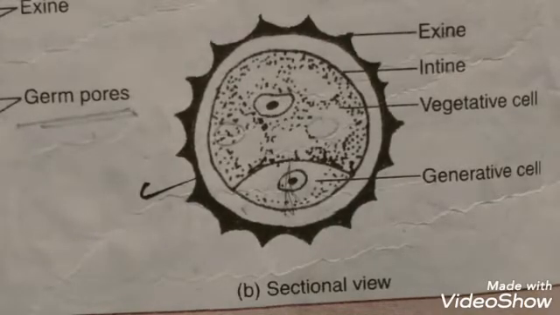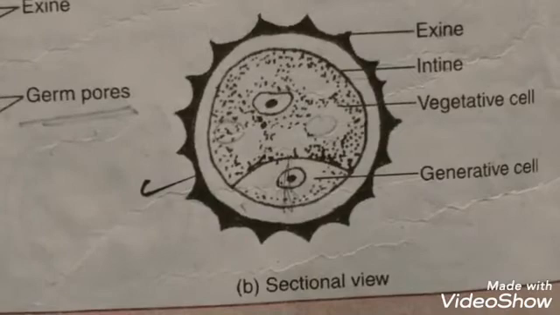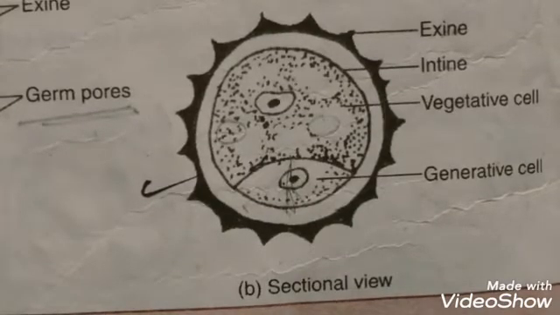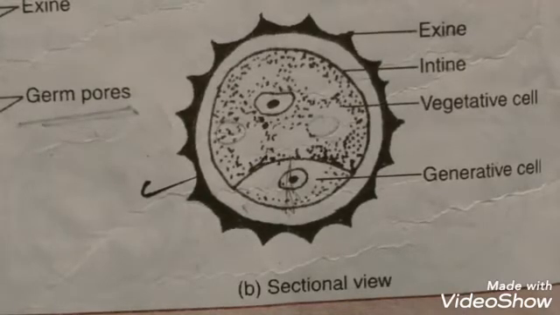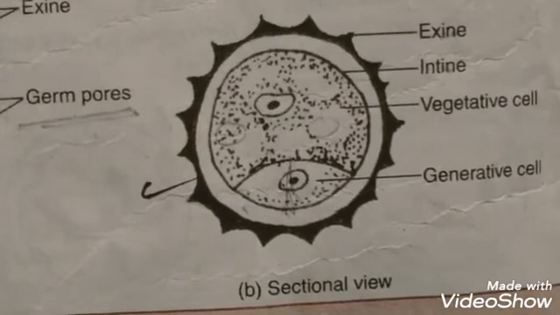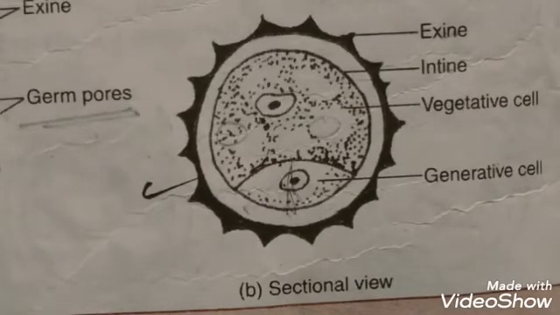As you know, there are different agencies for the pollination. For example, air, water and insects. In air pollinated flowers, the exine remains smooth, and in insect pollinated pollen grains, exine is spiny and sticky.